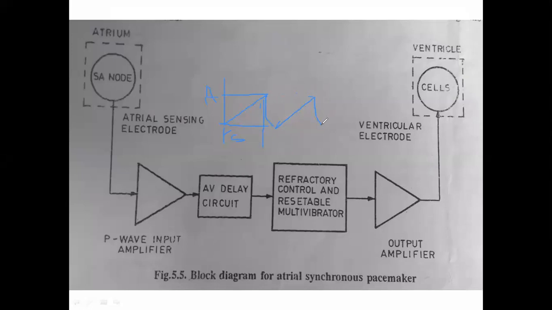While charging the capacitor, the signal produces a linear output. After reaching the peak value, it produces the discharge output of the capacitor. This is the charging, and this is the discharging.